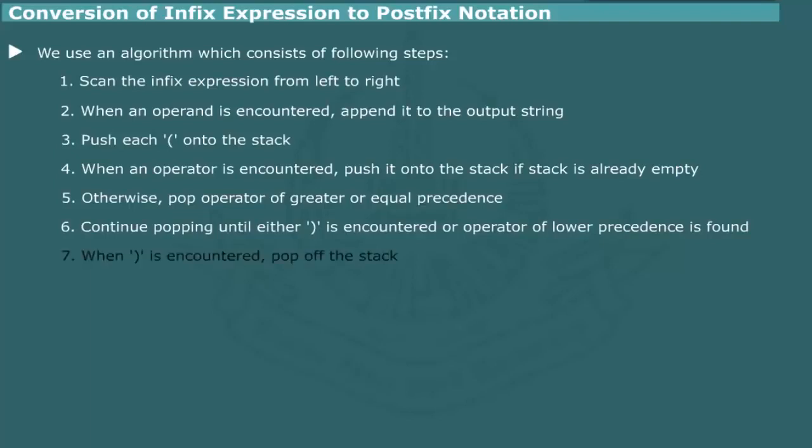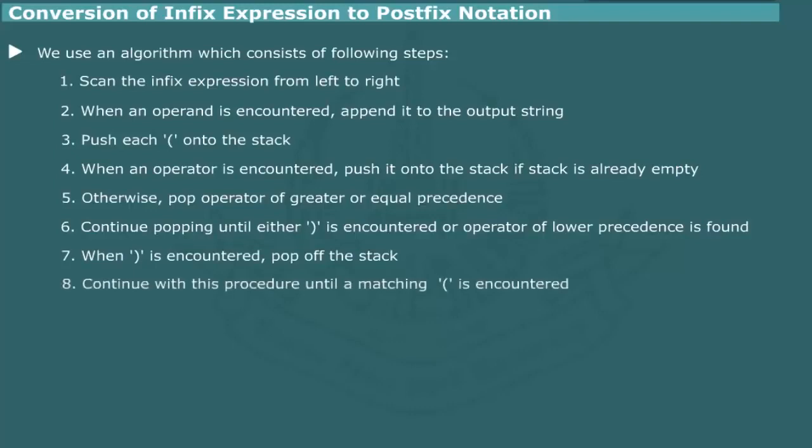Number 5. When right parenthesis is encountered, pop off the stack and append the popped operators to the end of output string. Continue with this process until a matching left parenthesis is encountered, which should also be popped and discarded. Push the new operator onto stack.